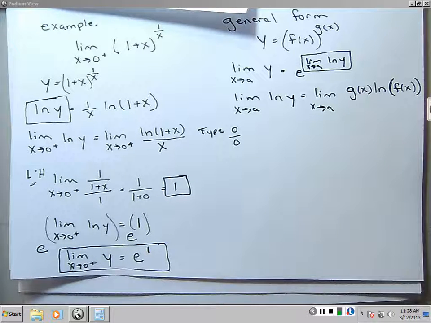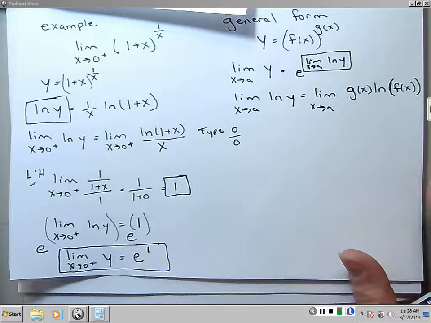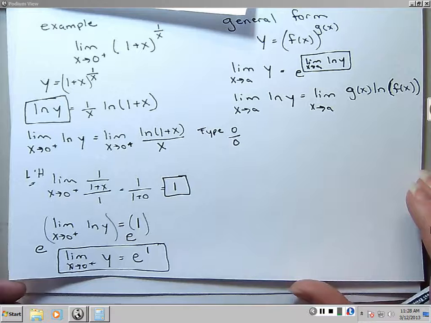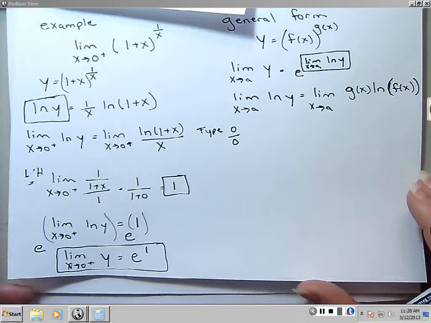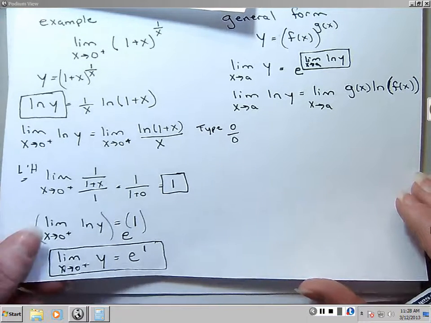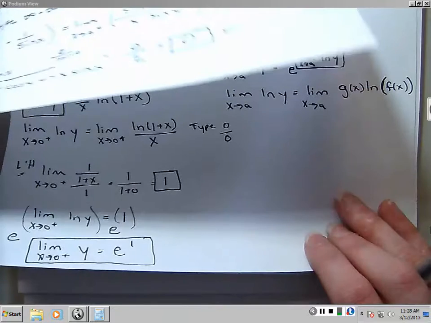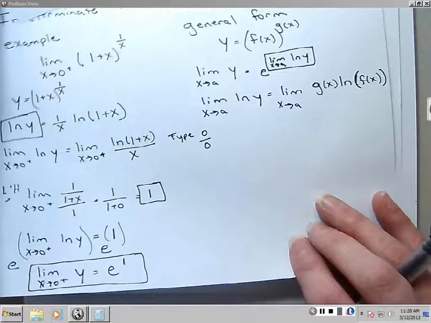Let's look at another example of this one. Let's get as general as we can get.